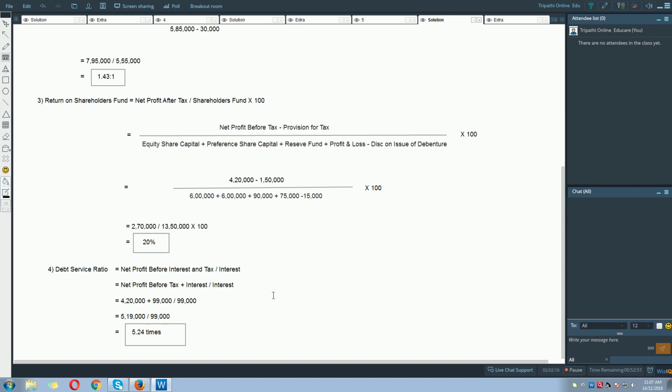Fourth, debt service ratio, which is net profit before tax and interest upon interest.